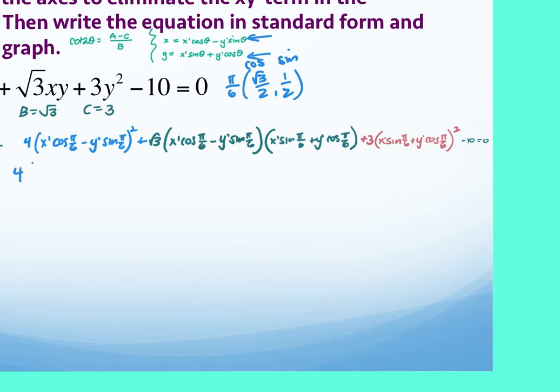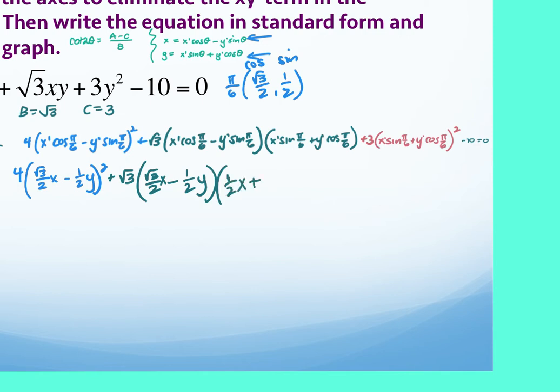So this would be 4 times (root 3 over 2 x minus 1/2 y) squared plus root 3 times (root 3 over 2 x minus 1/2 y) times (1/2 x plus root 3 over 2 y) plus 3.